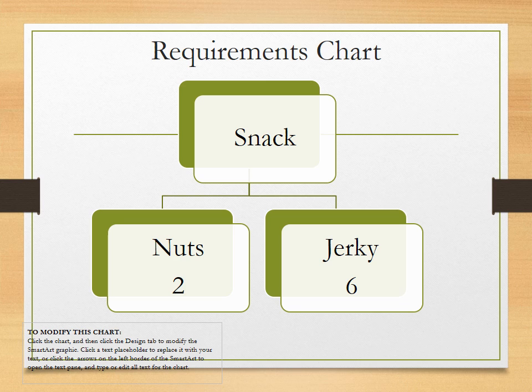In that snack pack, we have 2 nuts, and we have 6 jerky. So if you worked for this company and you were asked to put together some snack packs, you would know that you need 2 nuts and 6 jerky for each snack pack.